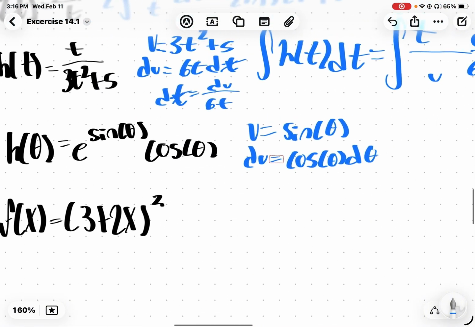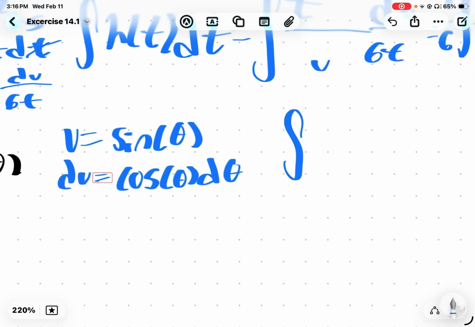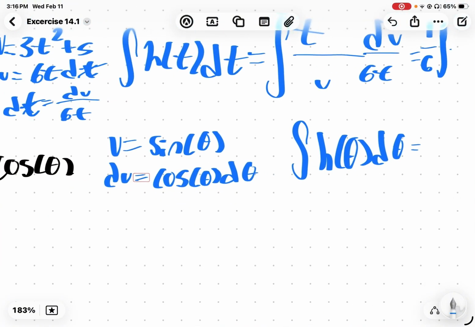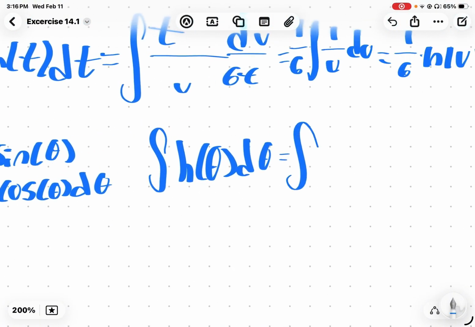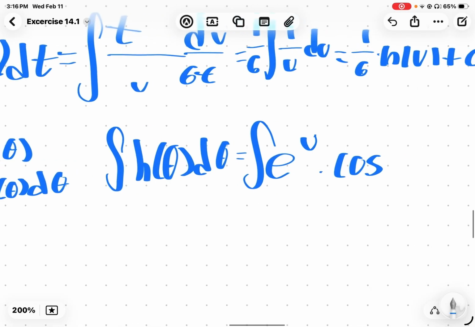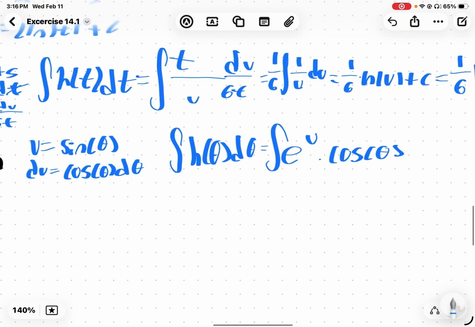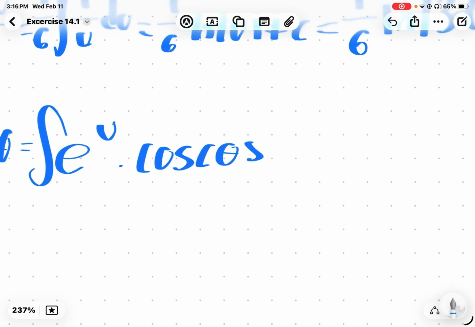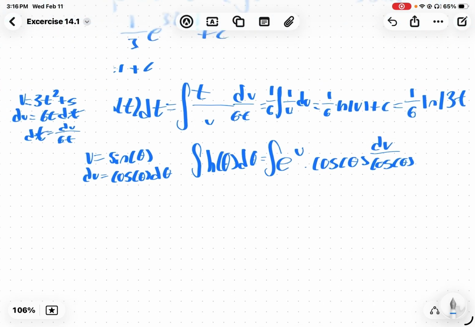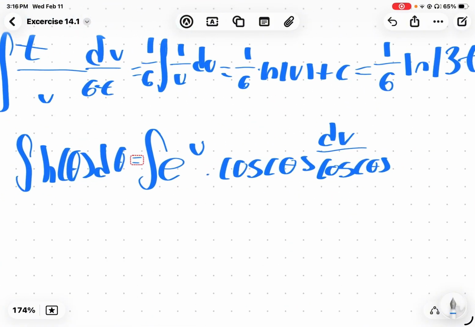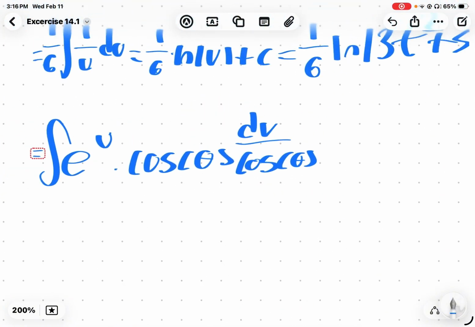Therefore, the integral of h of theta equals the integral of e to the power of u times cosine of theta times du over cosine of theta, which those cancel out.